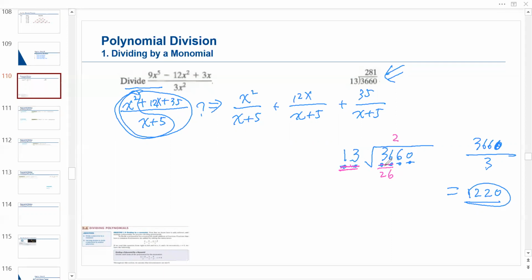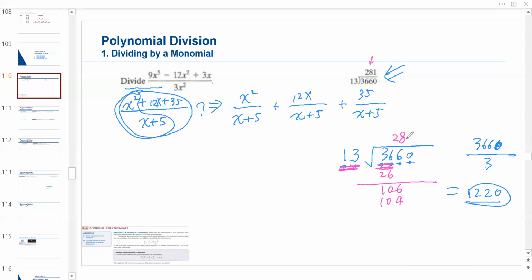You compare these 2 numbers, right? 13 and 36. You find a number times this number very close to this number, but not over this number, right? So you got 26. So you get 106. So you find another number, most close to 106. So you got maybe 8. We know you have the answer here, so we already know this 8. So you can get 104, right?